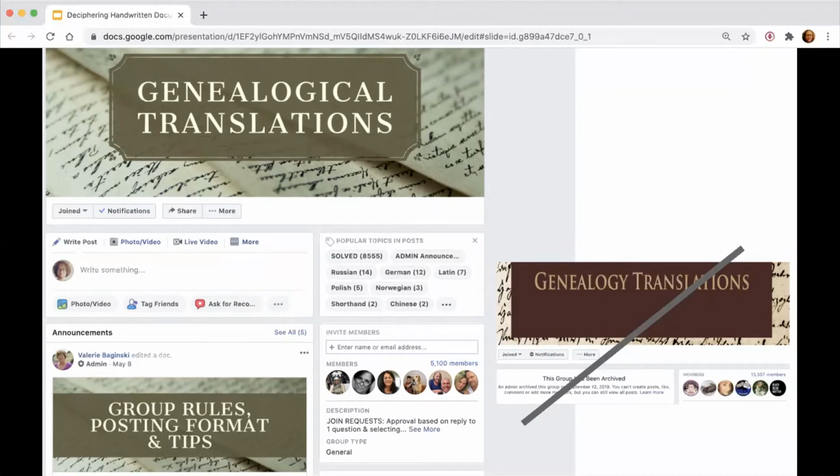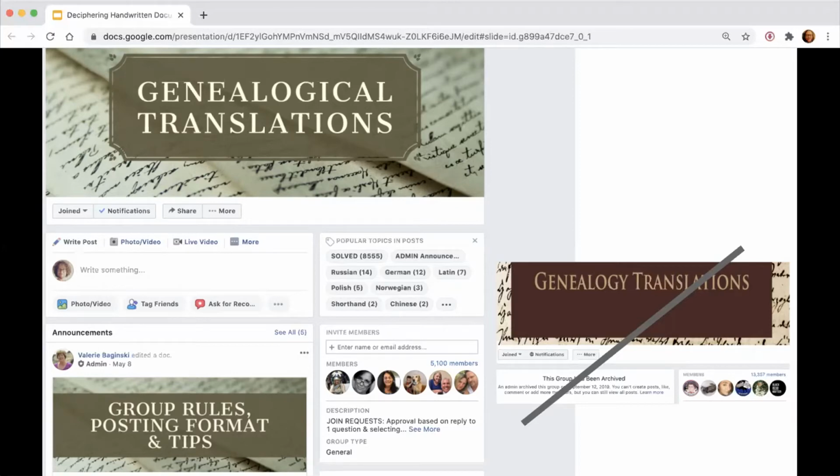So it's great. The more people that join Genealogical Translations, the better. The more people who can collectively take a look at text to help people figure out translation or deciphering messy handwriting, the better.